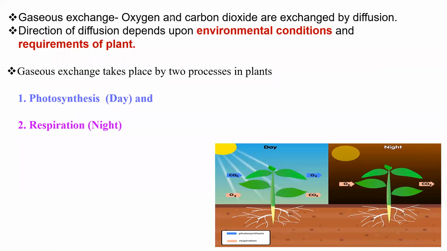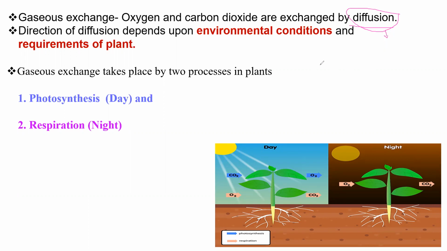Here, we can easily understand that gas exchange takes place by the process of diffusion. I already told you what is meant by diffusion. Diffusion means the transfer or movement of particles, gases, molecules or substances. In this case, we can write gas. How to define diffusion?